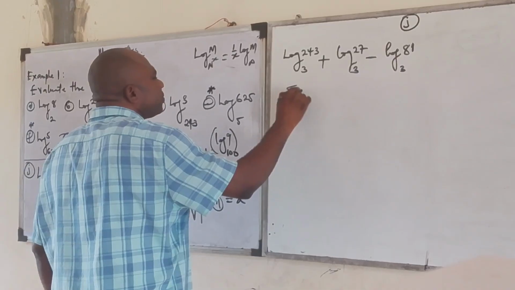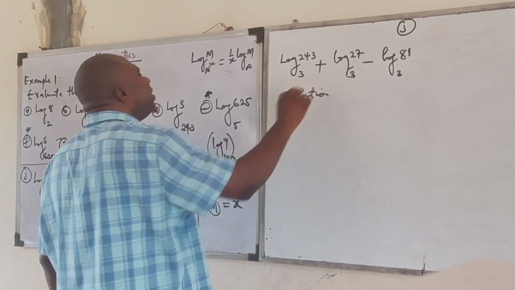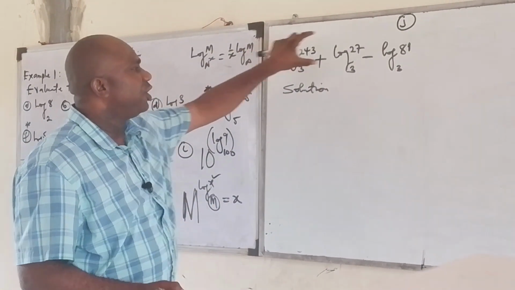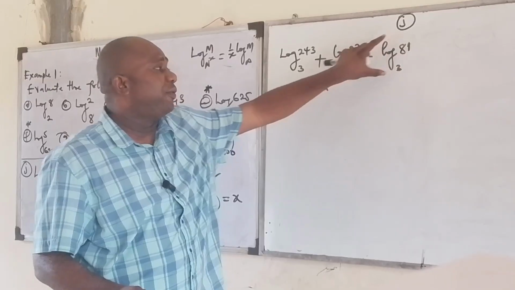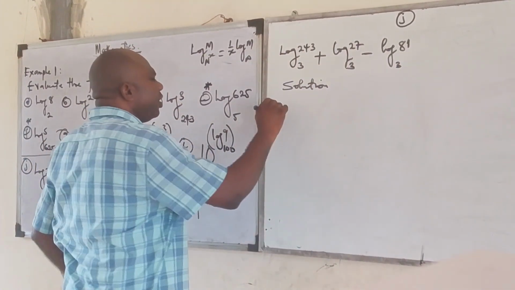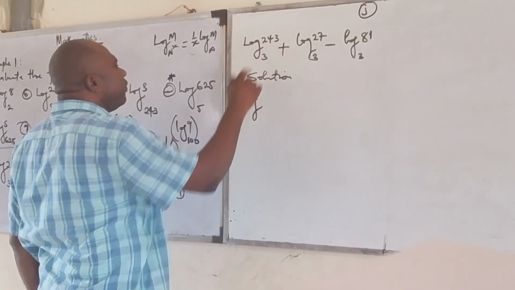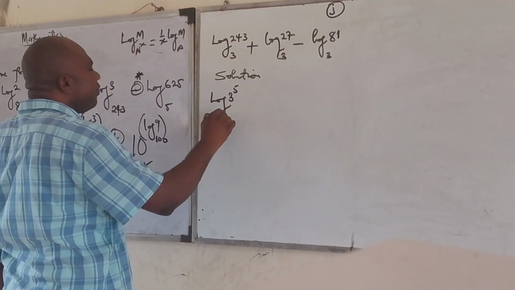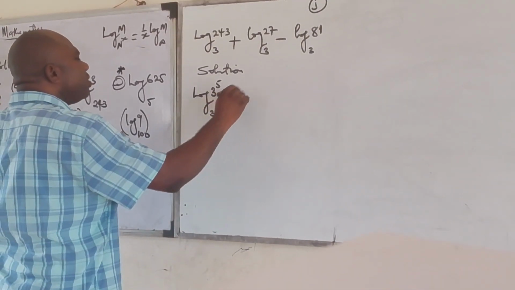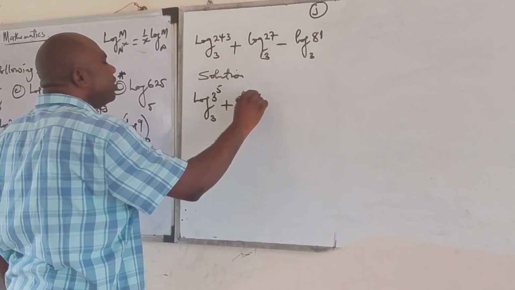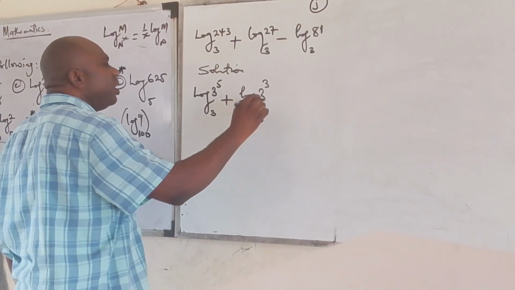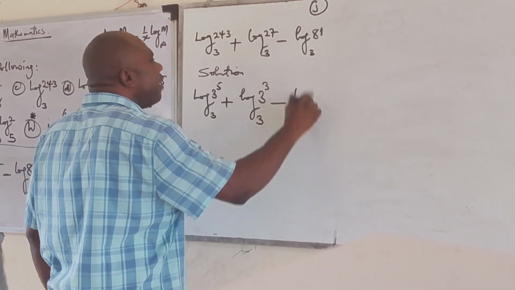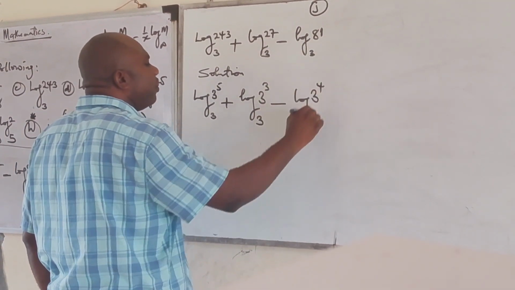Now, solution. You can decide to solve each of these individually. For this one, 243 is 3 raised to the power of 5, base 3, plus log 27, which is 3 raised to the power of 3, base 3, minus log 81, which is 3 raised to the power of 4, base 3.